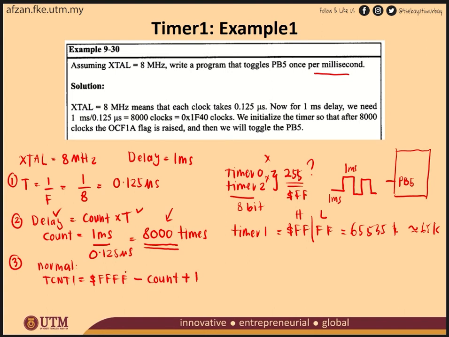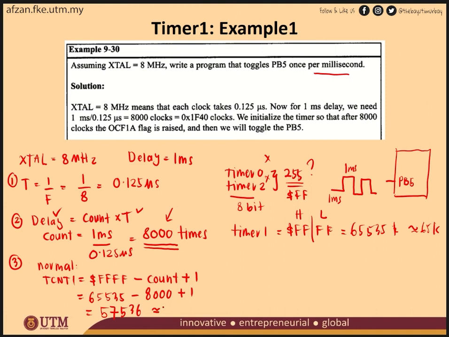So the difference is you only need to add another FF, another 8-bit value here. So FFFF, you put 65,535 minus count, what is your count? 8,000, plus 1, then you get 57,536.